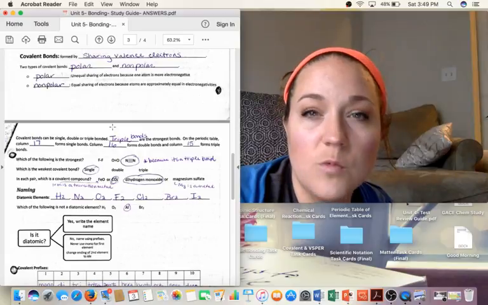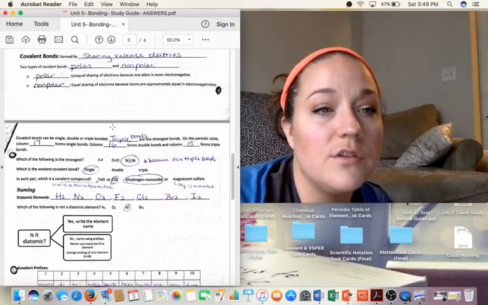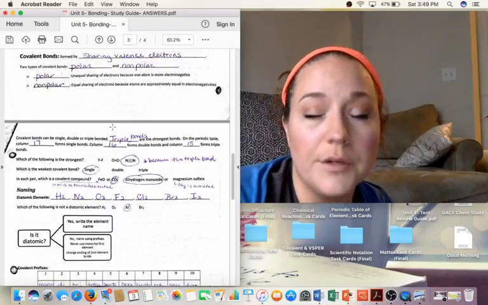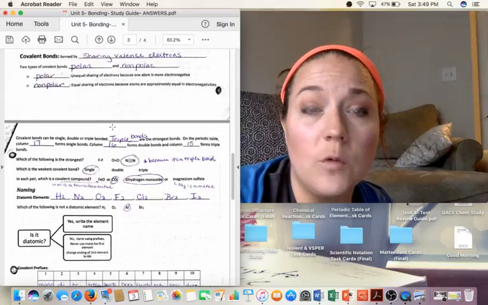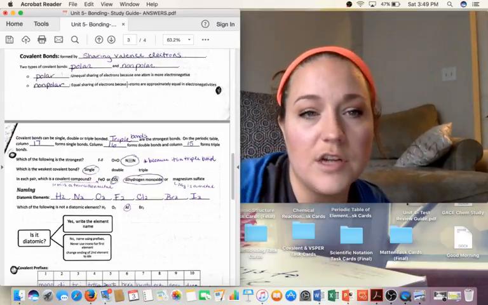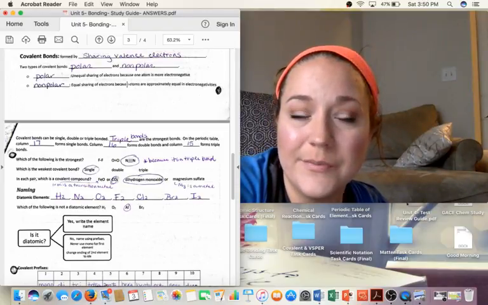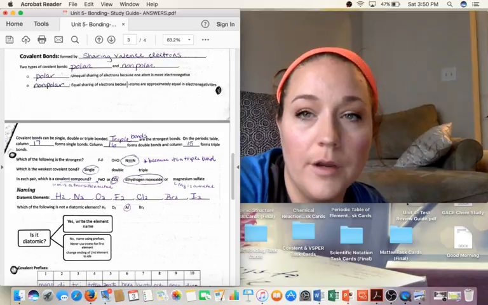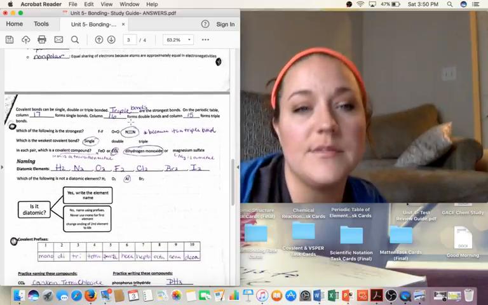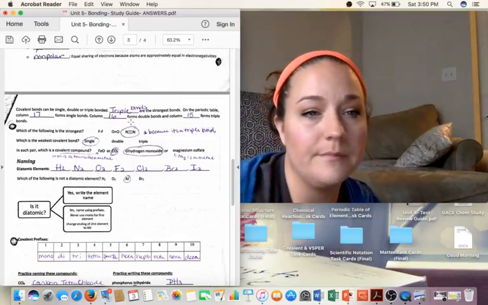That is because one is polar, the other is nonpolar. Polar is unequal sharing of electrons because one atom is more electronegative. Nonpolar is the equal sharing of electrons because the atoms are approximately equal in electronegativity.